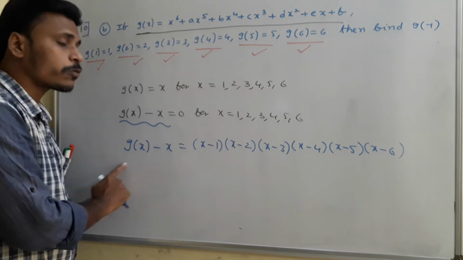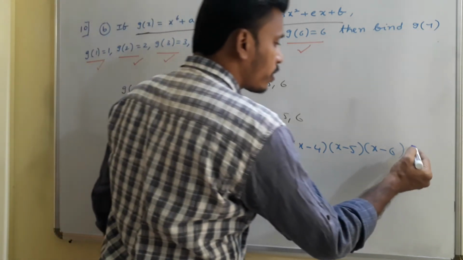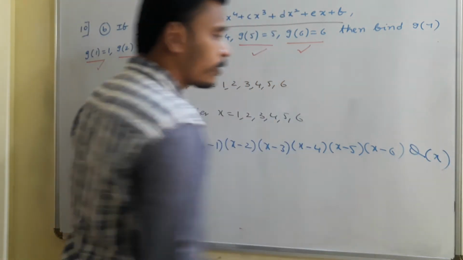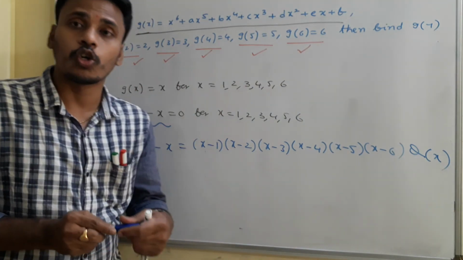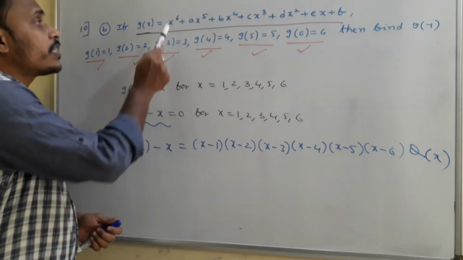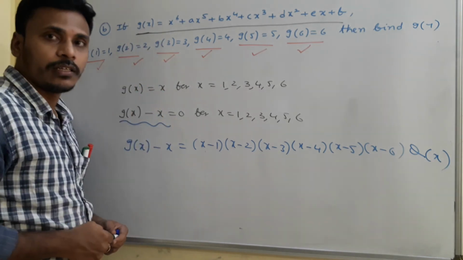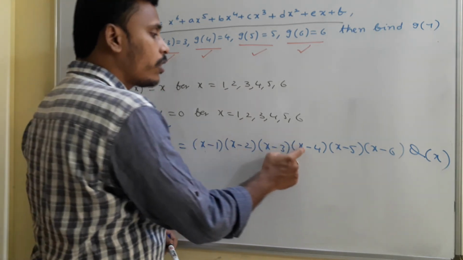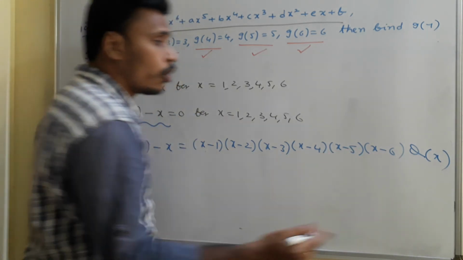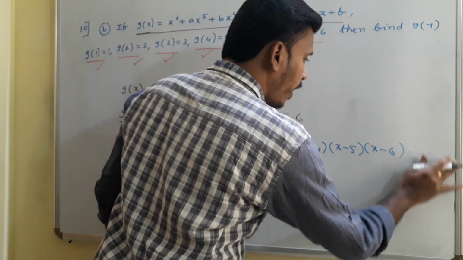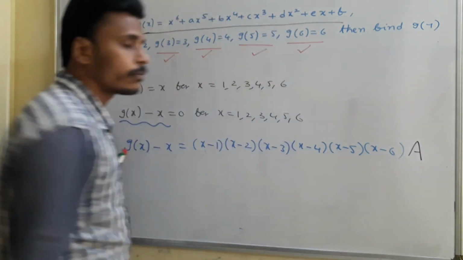So this g of x minus x is equal to the product of all these things into some q of x. For the previous problem also we need to write it in such a way, into q of x. But since it is given as 6th degree, if you multiply all these 6 linear factors, it will become of 6th degree only. So this q of x won't be there, there may be a constant.